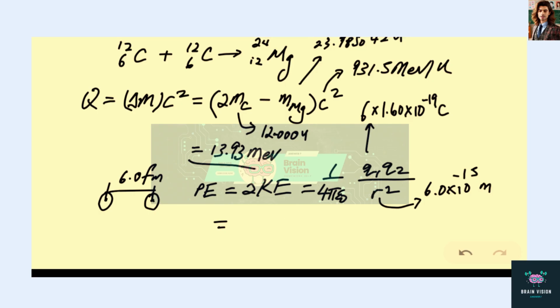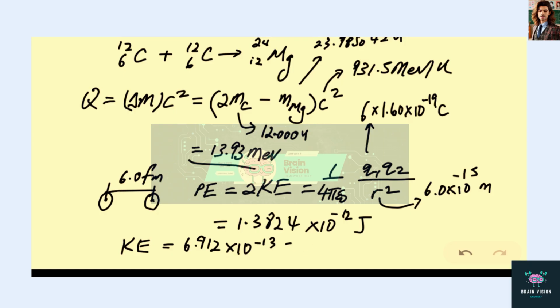Putting all the values into the calculator, you should get a value of 1.3824 times 10 to the power of minus 12 joules. And so for the individual kinetic energy of the two nuclei, we just divide this by 2, and should get 6.912 times 10 to the power of minus 13 joules.